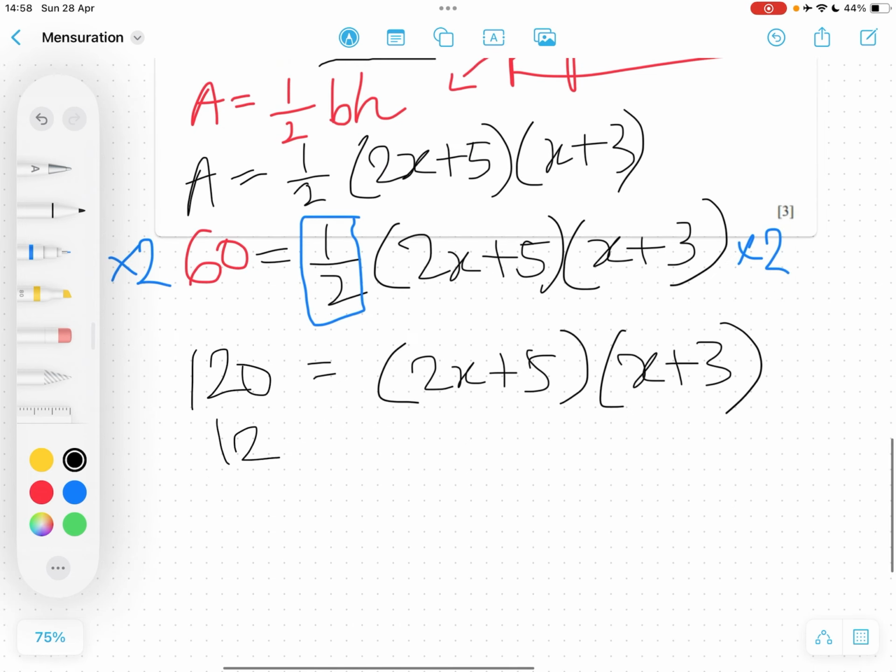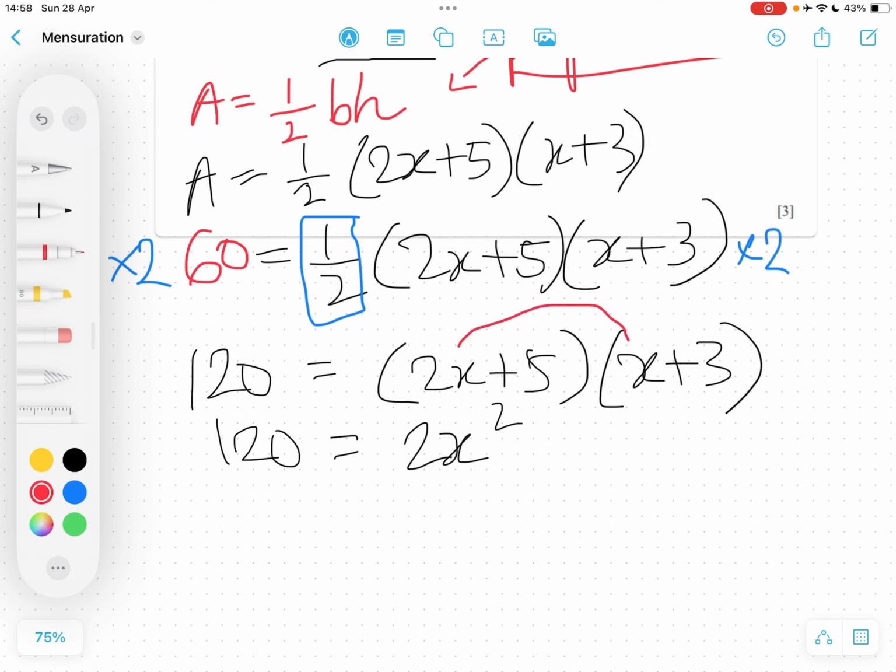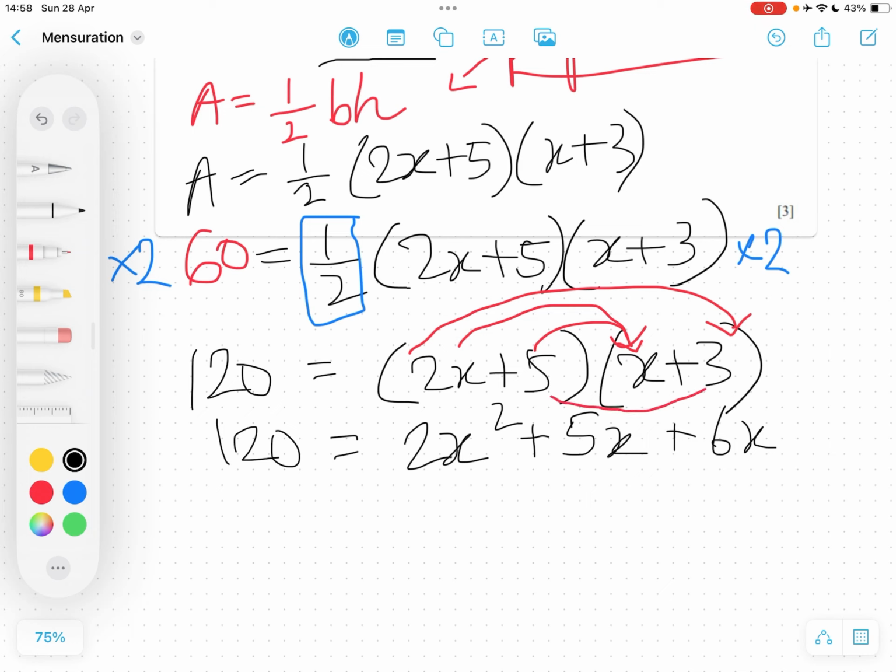So now we just have to expand the brackets on the right hand side. We get 120 equals 2x squared. The way to expand the brackets is multiply the first terms, which is 2x squared, and then multiply 5 and x, which is 5x, and then multiply 2x and 3, which is 6x, and then finally multiply 5 and 3, which gives us 15.